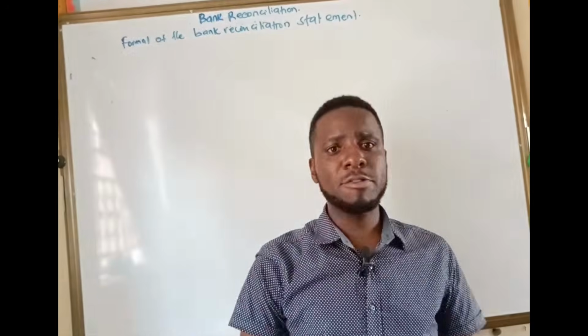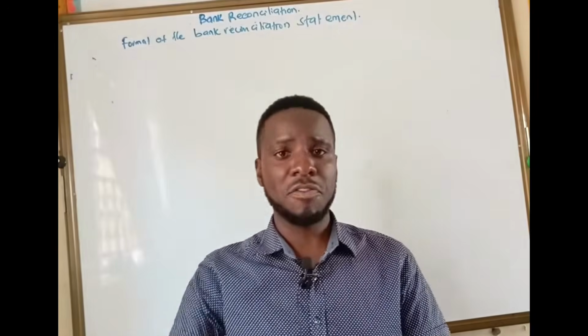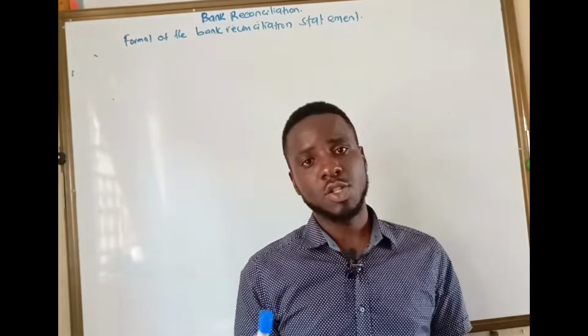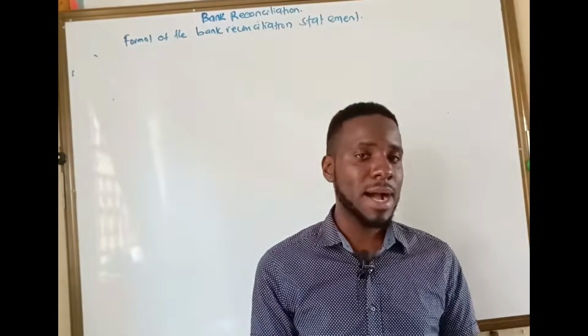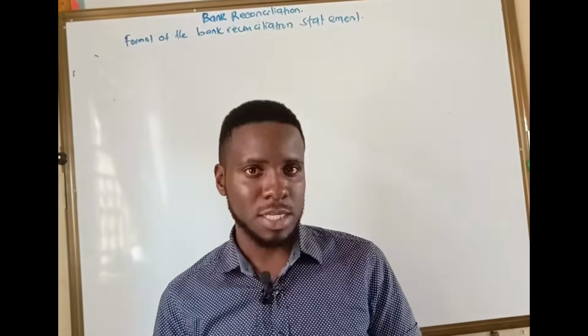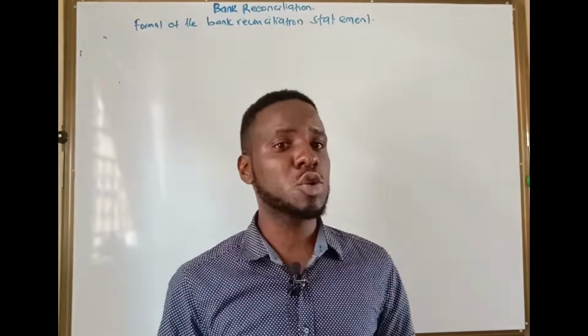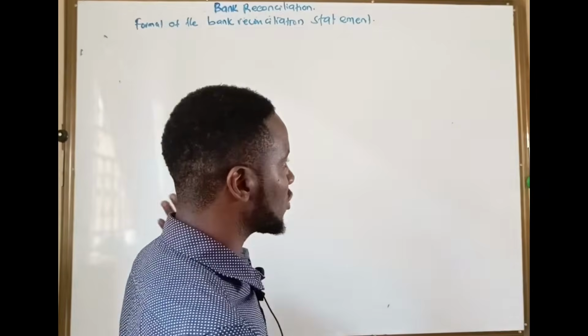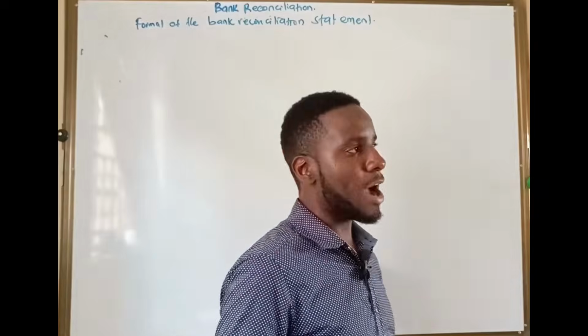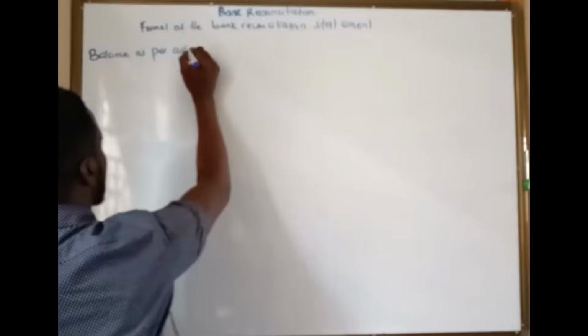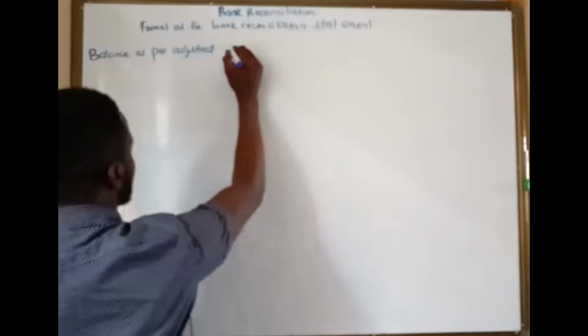Now, remember when you are doing a bank reconciliation statement, I told you, we first prepare the adjusted cash book. So we first look out for items that are in the bank statement that are not in the cash book. Then we place them in the cash book. Then when that's done, we also look at what's in the cash book that was not disclosed to the bank. Now, when it comes to the bank reconciliation statement, this is the format, we shall say balance as per adjusted cash book.